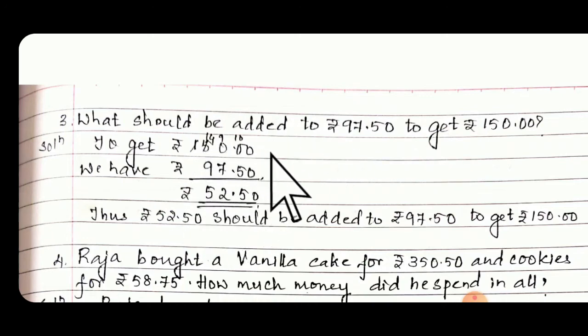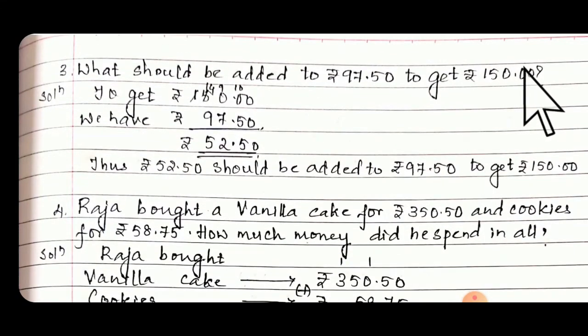So rupees 150 minus 97, if you do, you will get 52 rupees to be added to 97 rupees to make 150. क्या करना है हमें? 150 चाहिए, तो आपके पास कितने हैं? 97. तो और कितने हमें ऐड करना पड़ेगा? तो हमें 150 होगा, तो उस समय हमें सब्सट्रैक्ट करना है. You'll get the difference, answer 52. अगर 97 को हम लोग 52 ऐड करेंगे, you'll get the answer 150.